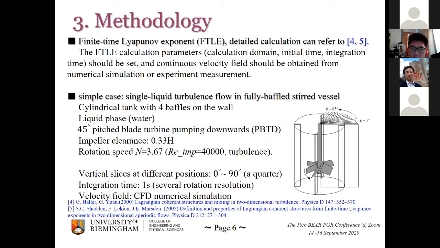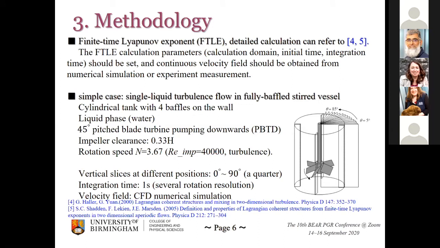Here we go to our simple case. This simple case is a single-liquid turbulent flow in a fully baffled stirred vessel. The vessel is a cylindrical tank with 4 baffles on the wall.